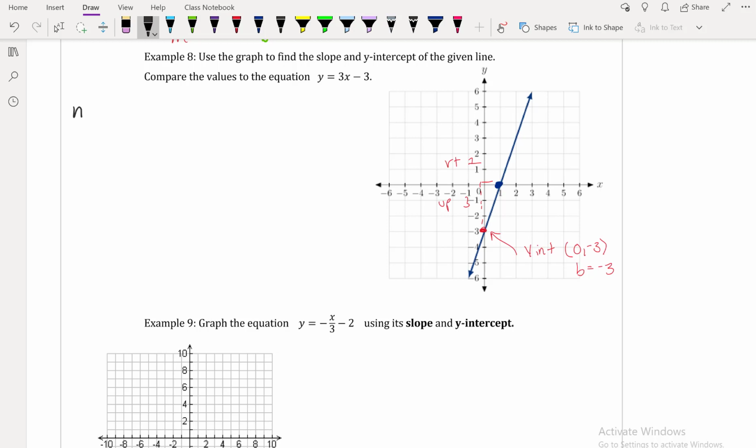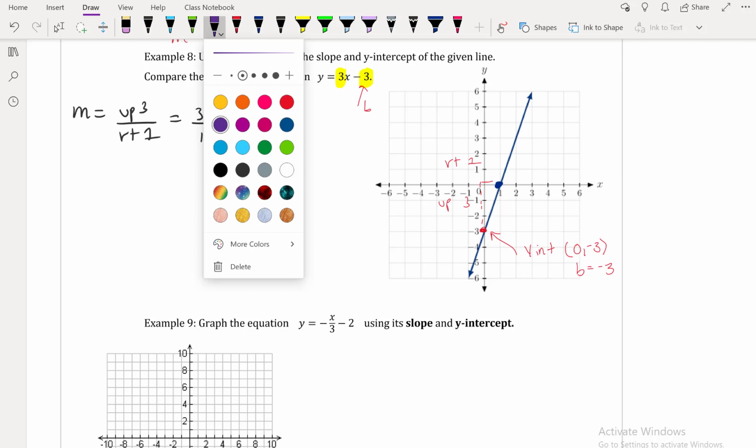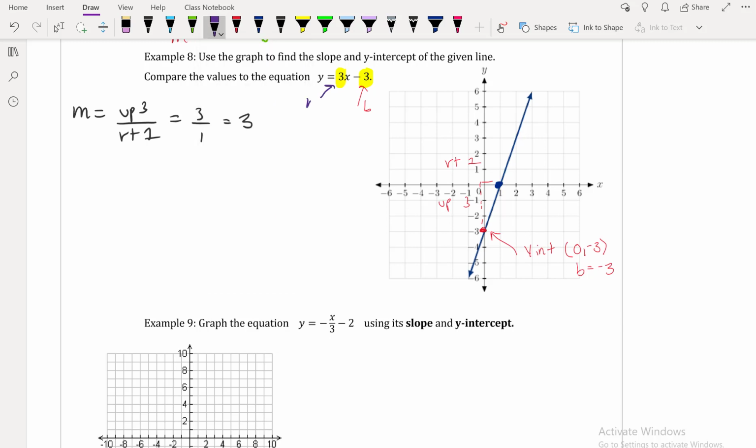So I would have my slope as up 3, right 1, which gives me a 3 over 1, which is the same as just a 3. That's exactly the same as what I have here. I have my b value, which is negative 3, and I also have my slope value to be a positive 3, which is exactly the same.